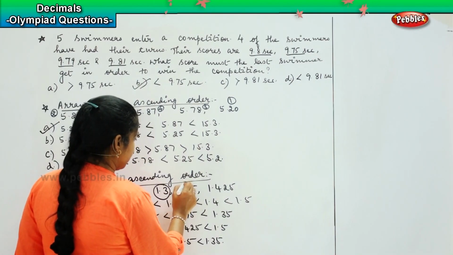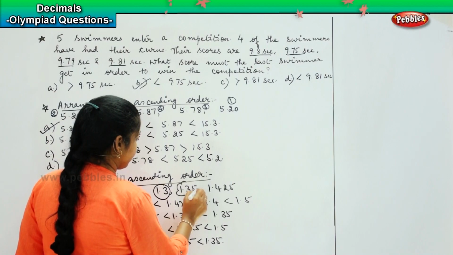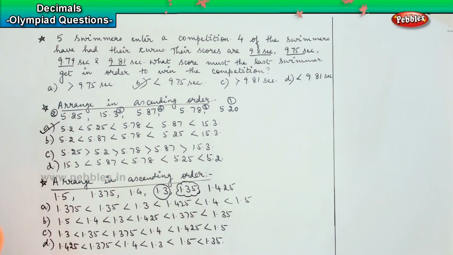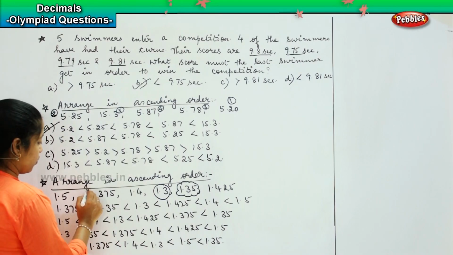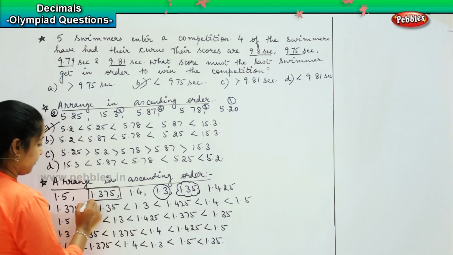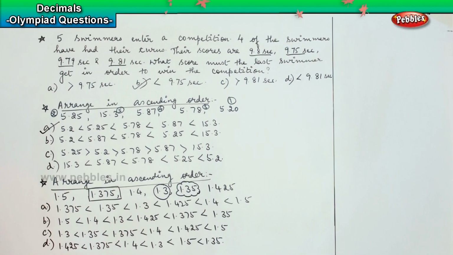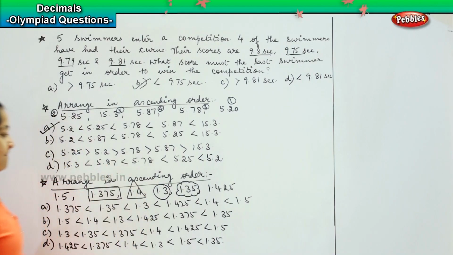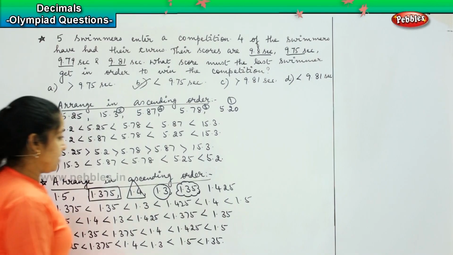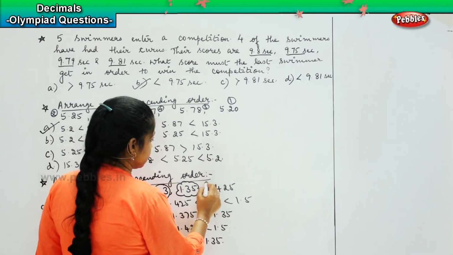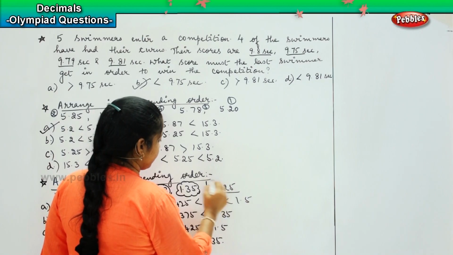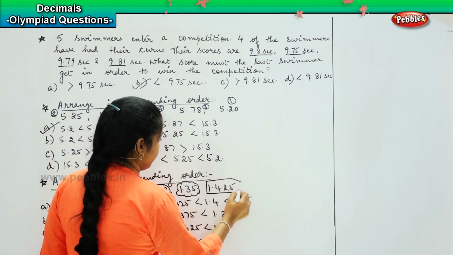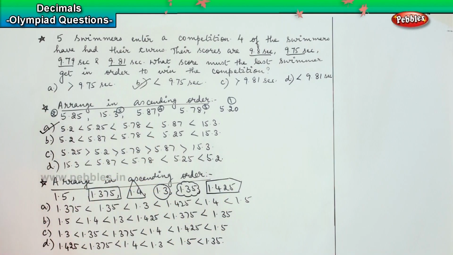This will be the second one, 1.35. After that it will be 1.375. After that, it will be 1.4. Then it will be 1.425.